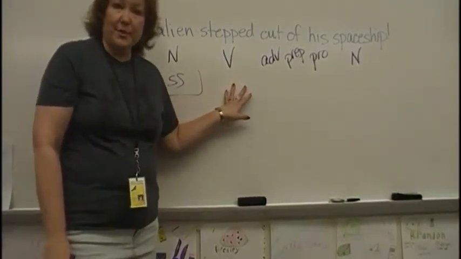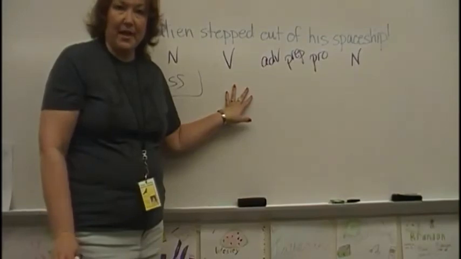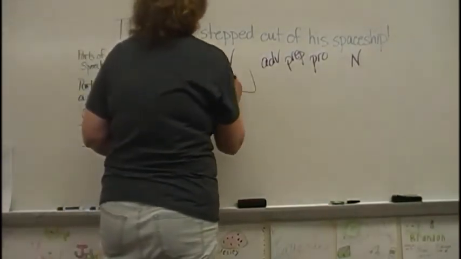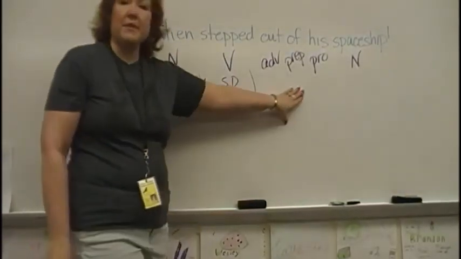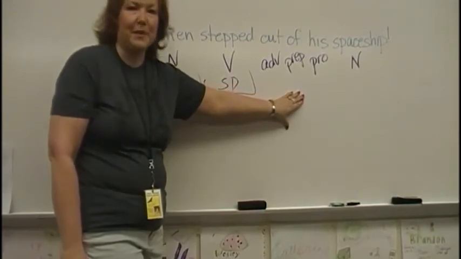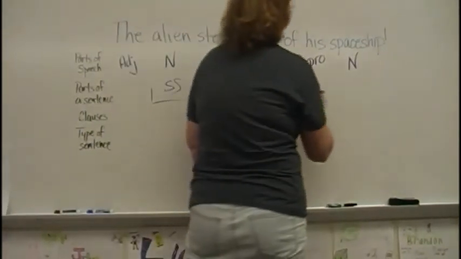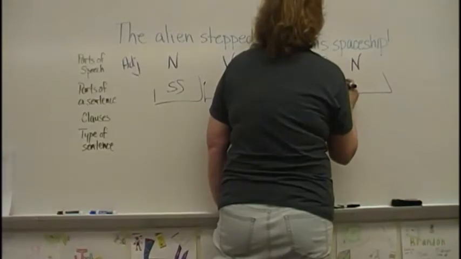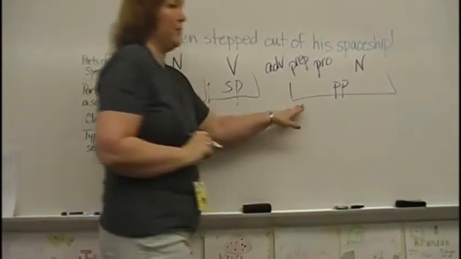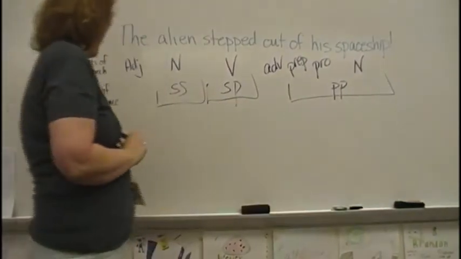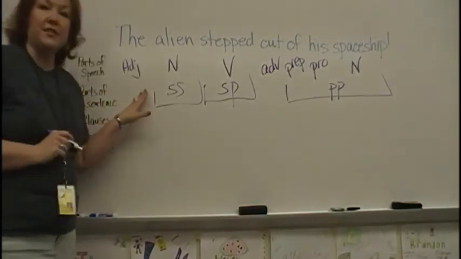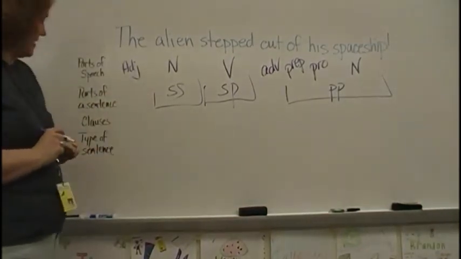Stepped is the verb, that's the simple predicate of the sentence. We have a preposition. When you have a preposition, you have a prepositional phrase. And that ends with the first noun after the preposition. Okay? So that completes, for this particular sentence, the parts of a sentence.